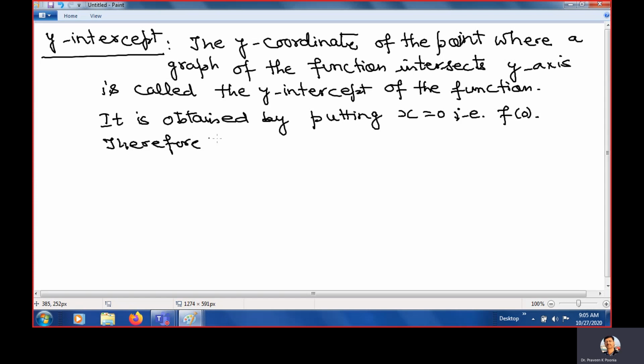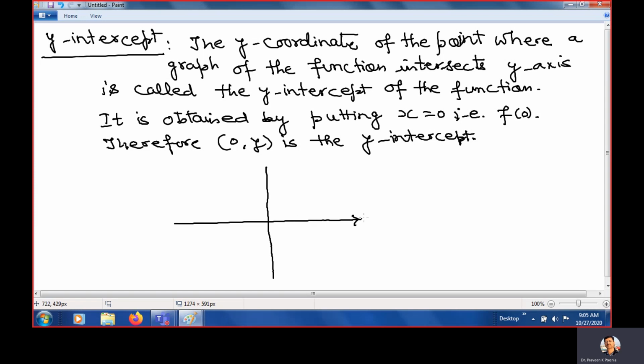Therefore 0 comma y is the y-intercept. So on the xy plane, this is the x-axis and this is the y-axis, clear. So this 0 comma y is the y-intercept. The y-intercept exists on the y-axis, clear.